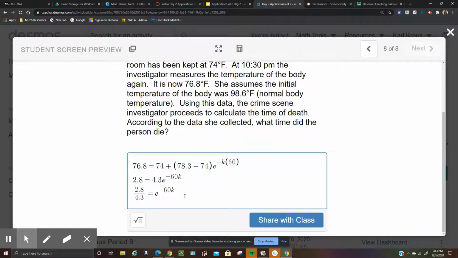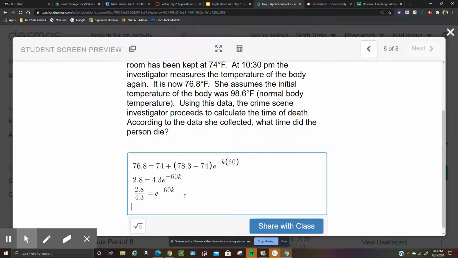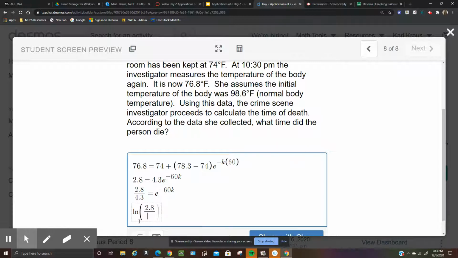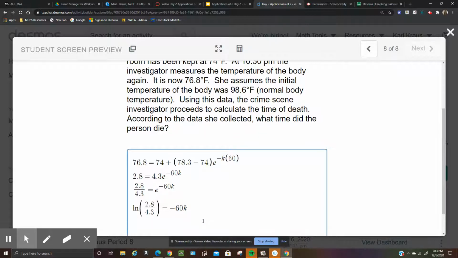And then change this to log. So natural log 2.8 over 4.3 equals negative 60K. And then finally, divide both sides by negative 60.